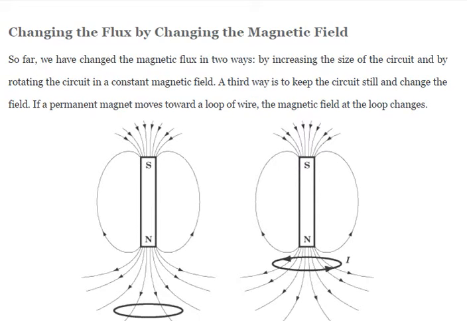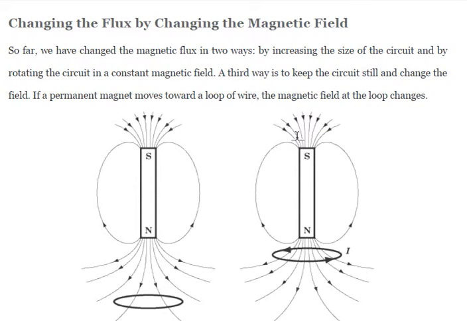So that was how we can change the flux by changing area. We can also change the flux by changing the magnetic field. So far we've done increasing the size of our conductive loop and rotating it in a magnetic field. The third way is if we keep the loop still and just change the field around it.